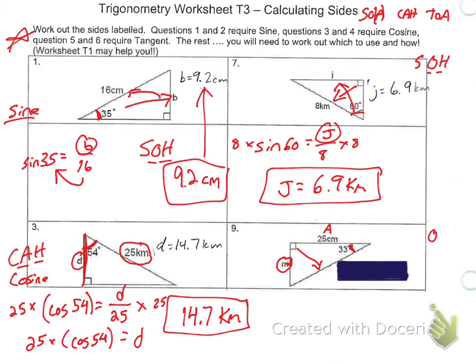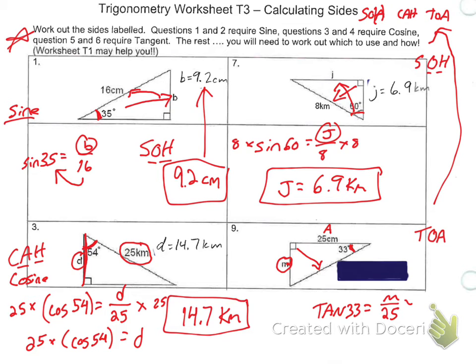So if I go back up, obviously it's going to be TOA, so tangent. So tan 33 degrees is going to be equal to opposite, which is M, over adjacent, which is 25.